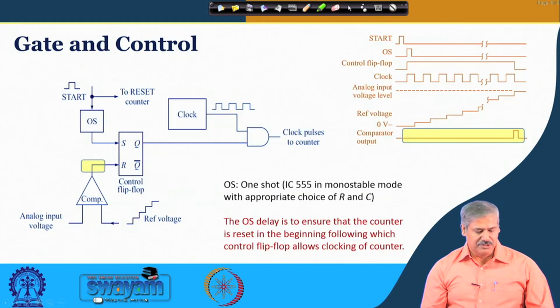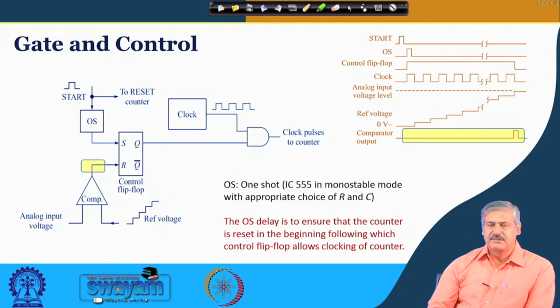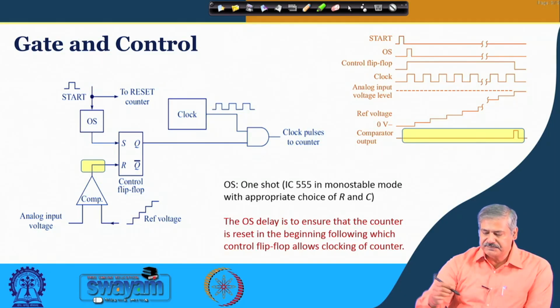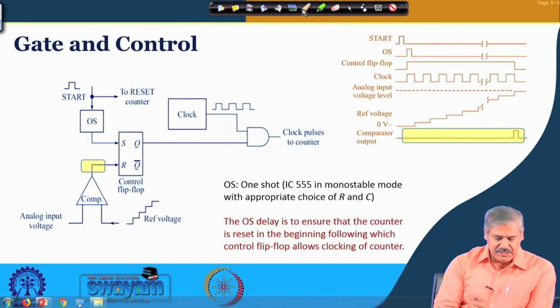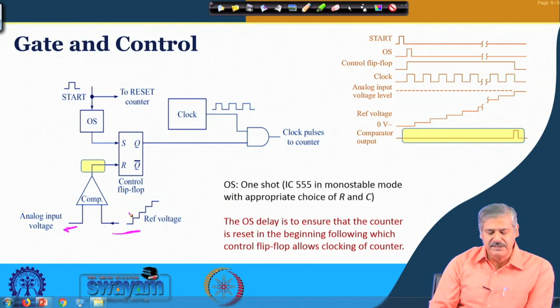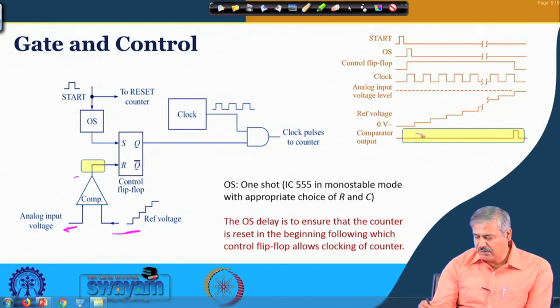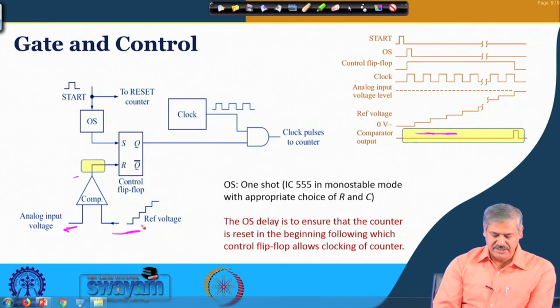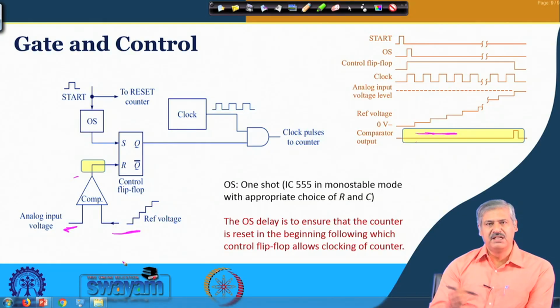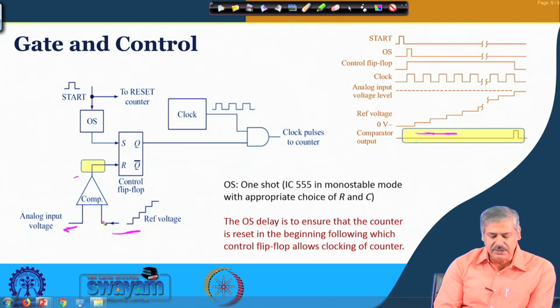Now, let us see how the gate and control works for this particular circuit. This is the comparator, this is the analog voltage, this is the output of the ladder, which is effectively working like a DAC within an ADC, and this is the comparator output, which remains low when the reference voltage coming from the DAC, the counter output converted to analog, is lower than the analog input voltage.